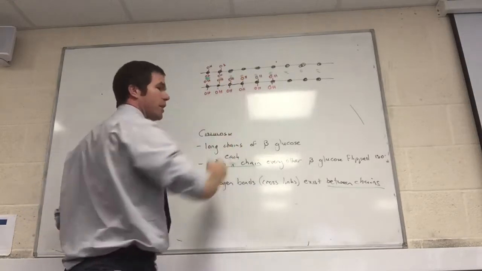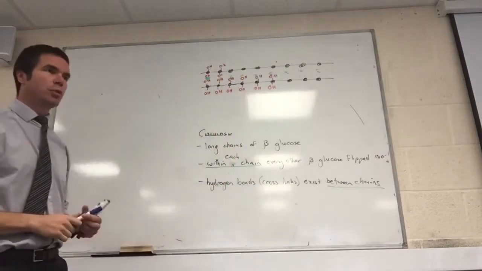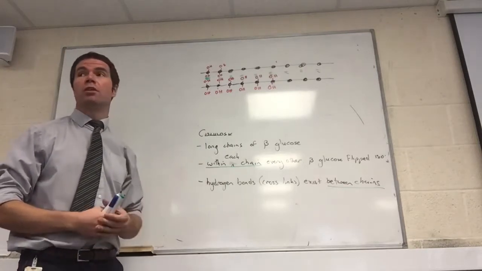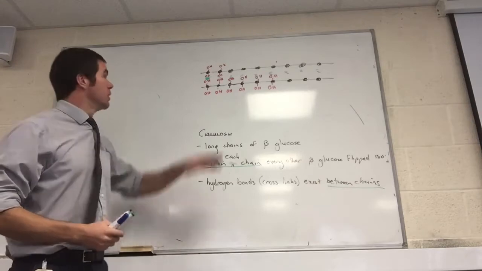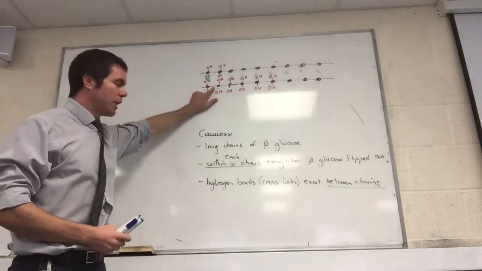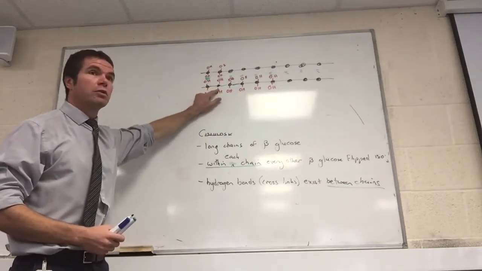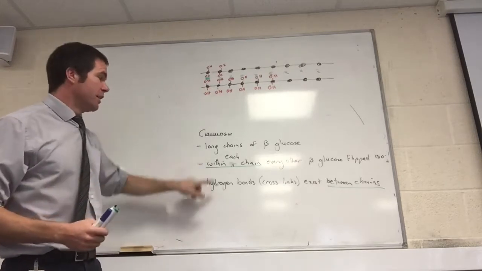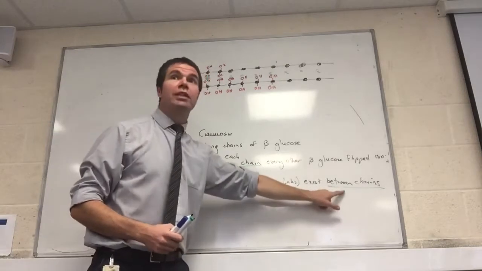So am I wrong to say that there are glycosidic bonds between adjacent, or just between beta glucose molecules? No, there are glycosidic bonds between beta glucose molecules. So that's why we have to absolutely specify that the hydrogen bonds exist between chains.